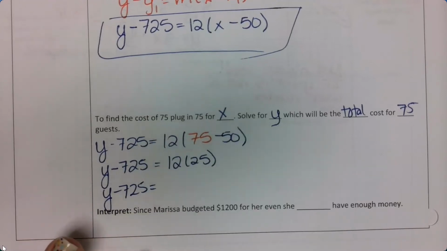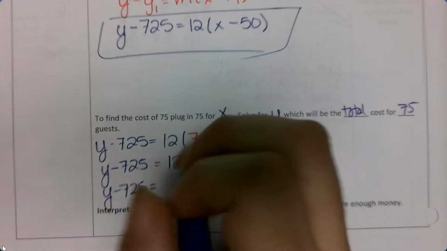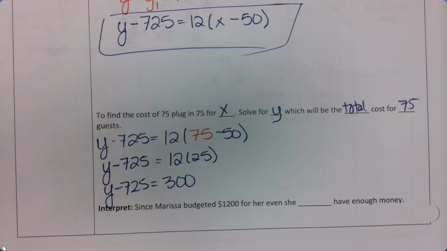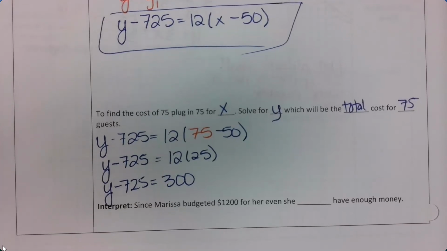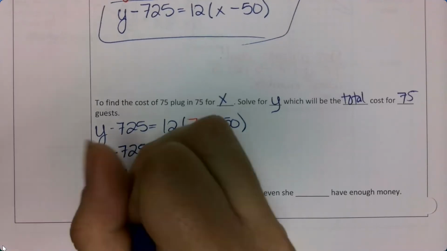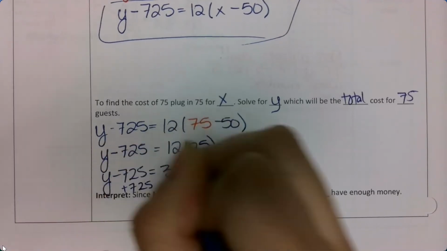Are you guessing or typing in the calculator? You have a calculator. It's 300. Okay, then what do I want to do? Hold on. Not subtract. Add the 725 to both sides.